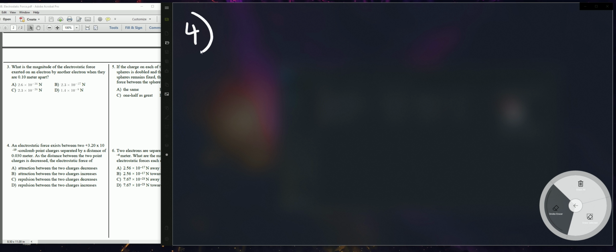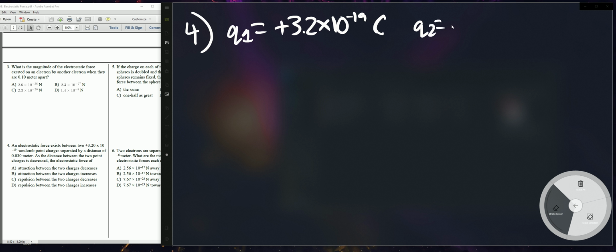Number 4. Electrostatic force exists between two point charges, and they give us the charges: charge 1 is plus 3.2 times 10 to the negative 19 coulombs, and charge 2 is also plus 3.2 times 10 to the negative 19 coulombs.